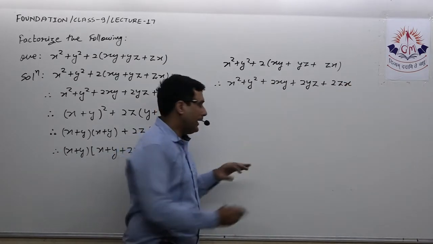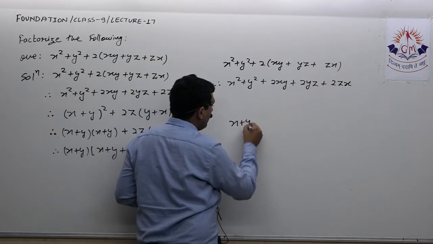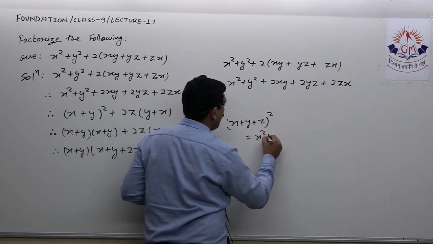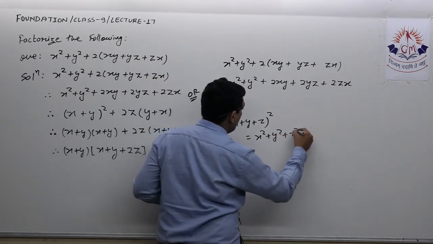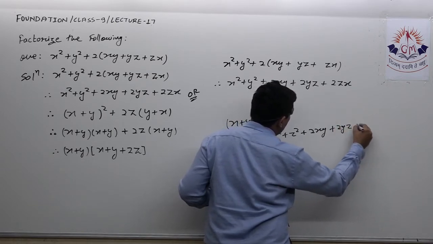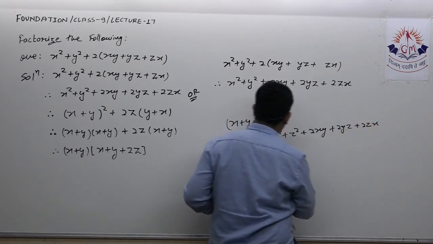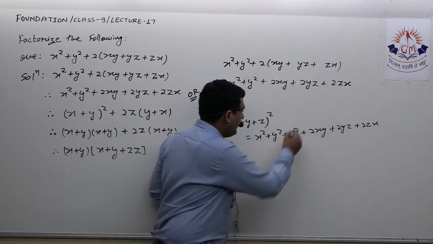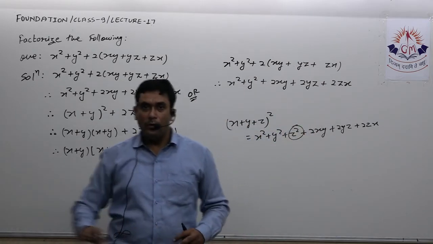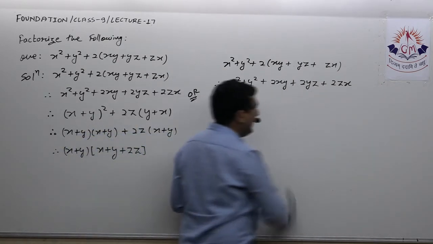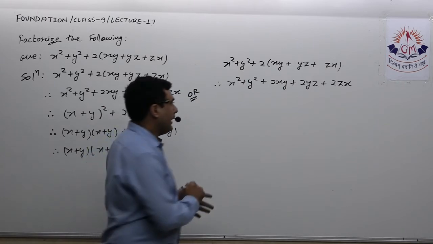If I say the identity of (x plus y plus z) whole square, I should get x square plus y square plus z square plus 2xy plus 2yz plus 2zx. Okay, this should be the identity. So here five terms are there, z square is missing. So to complete the identity, I add z square as well as I subtract z square.